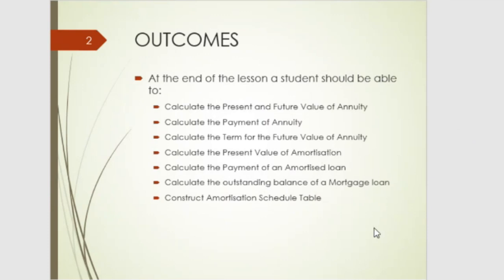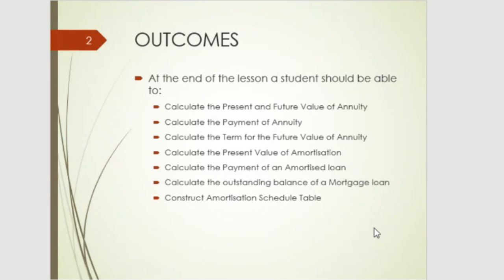These were the outcomes I expected from the students: at the end of that lesson, they should be in a position to calculate the present and the future value of annuities, calculate the payment of an annuity in a given scenario, and calculate the term, which is the number of years, for the future value of annuities.